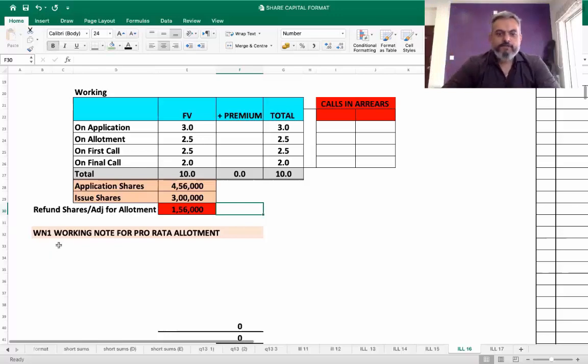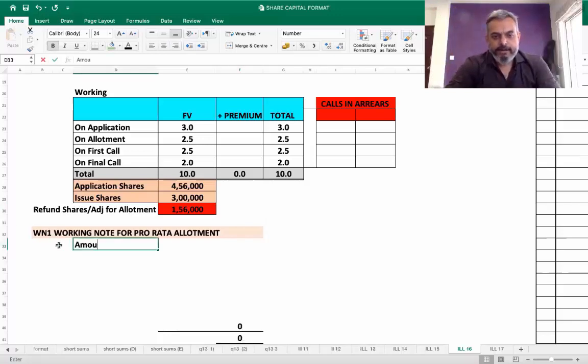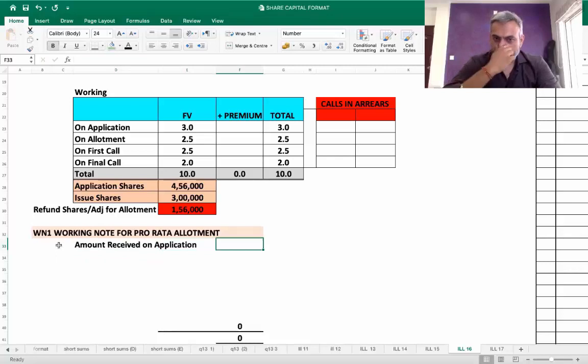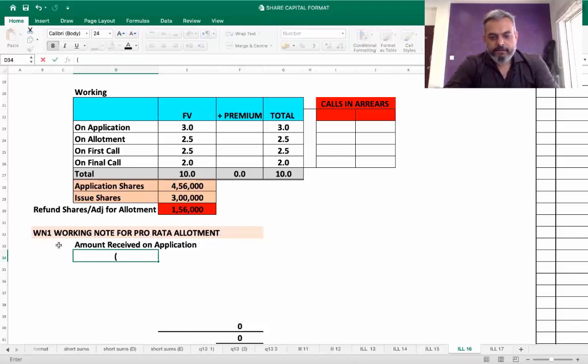Now working for pro rata allotment, amount received on application. So I'll do the working in the bracket. 4,56,000 shares into rupees 3 per share. So check how much it is. It comes to 13,68,000.